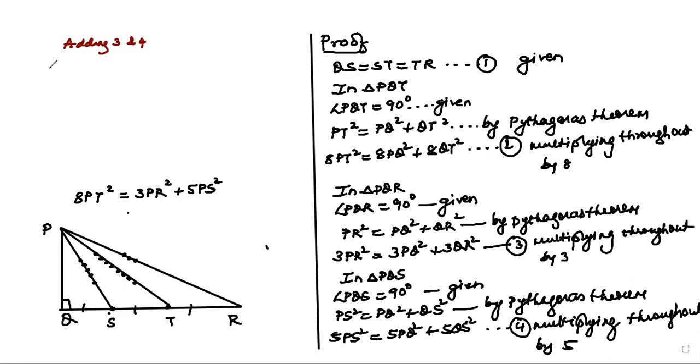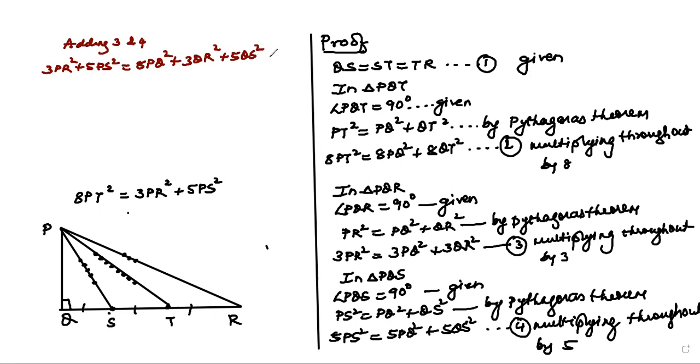The left-hand side gets added up: 3PR square plus 5PS square equals 3PQ square plus 5PQ square, which is 8PQ square, plus 3QR square plus 5QS square. Got it? This is adding 3 and 4.